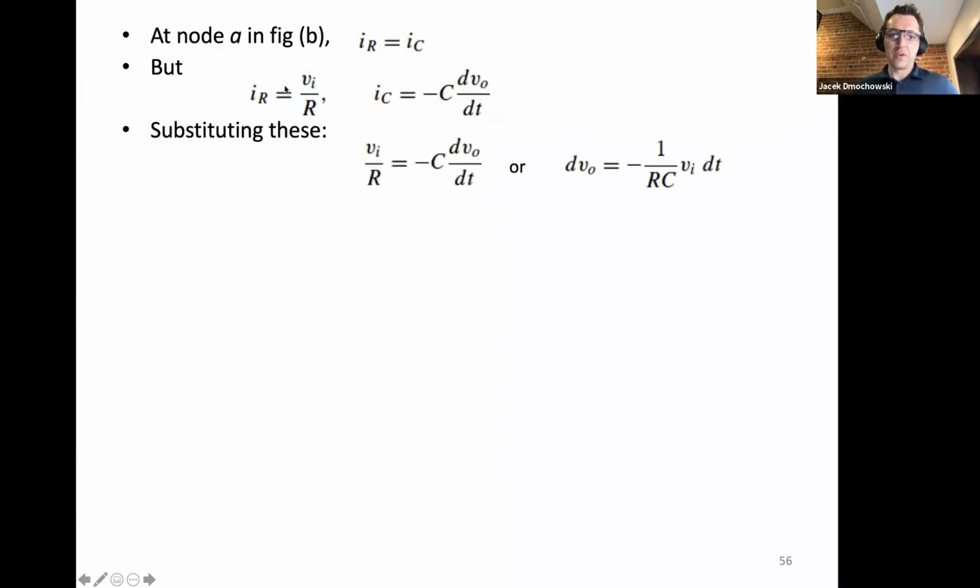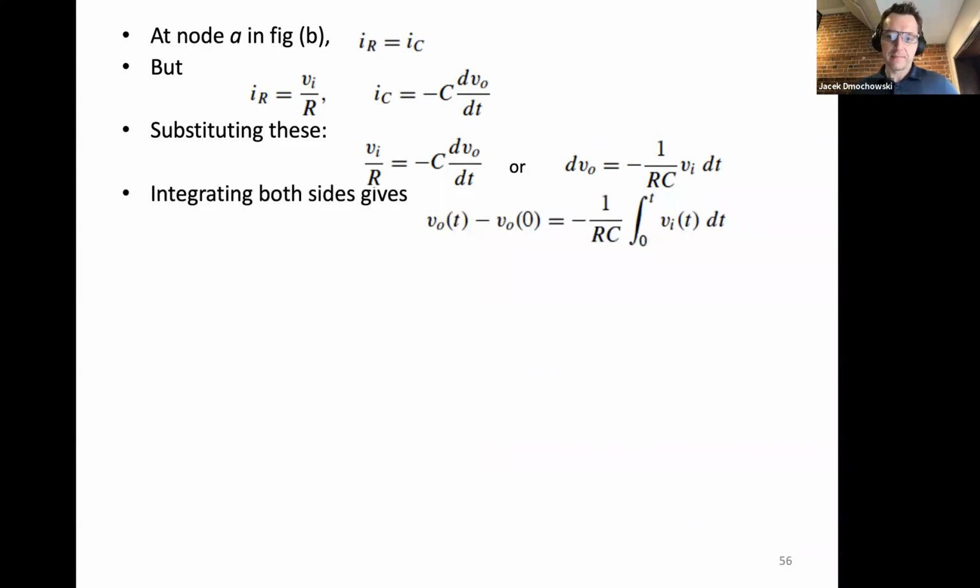And so we equate these two, and you do a little bit of manipulation. You get that dV naught is equal to negative 1 over RC times VI dt. And now you can integrate both sides of the equation from 0 up to time t.